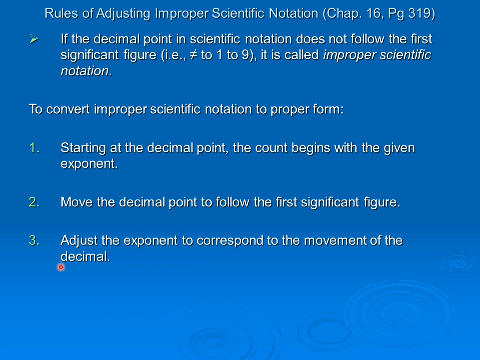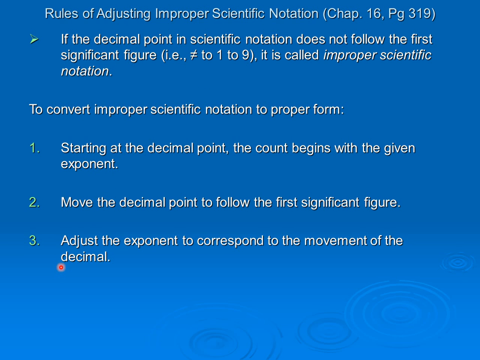Okay, so we have seen a couple of examples of how you adjust decimals into scientific notation, but in some cases you might see that scientific notation is written, but the decimal point is not at the right place.